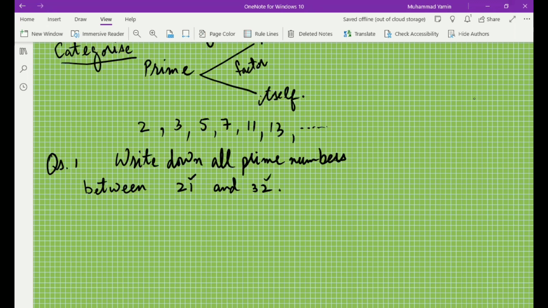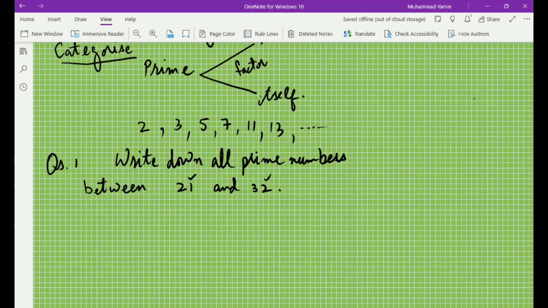But be aware that if these two are also prime numbers and this question is written, then we will only take those lying in between, and we don't take the limit values also.